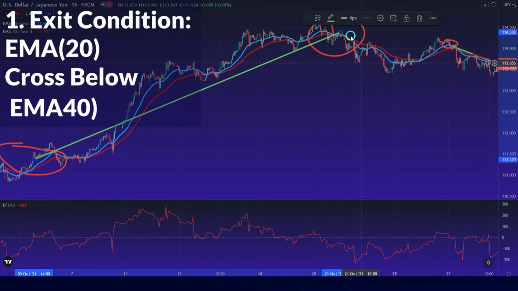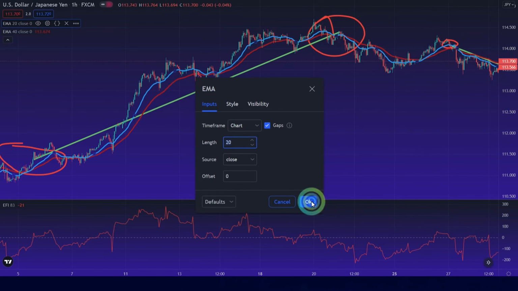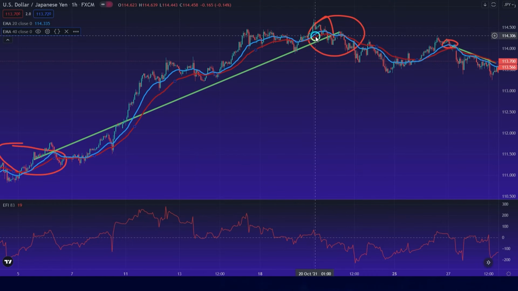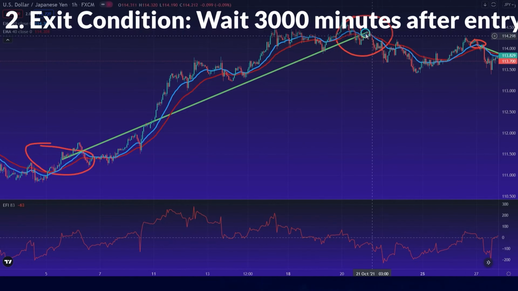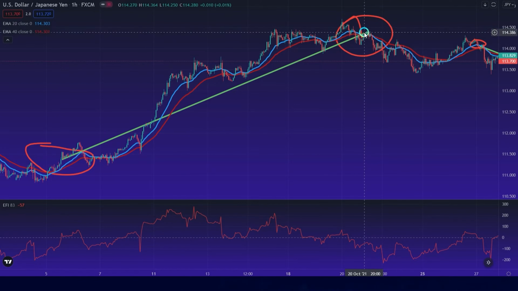It is important to note that the second condition and the first condition have to be in the right place at the same time, because our second condition is that you have to wait 3000 minutes after the entry, and only after the 3000 minutes can you actually start to look for the exit crossover.